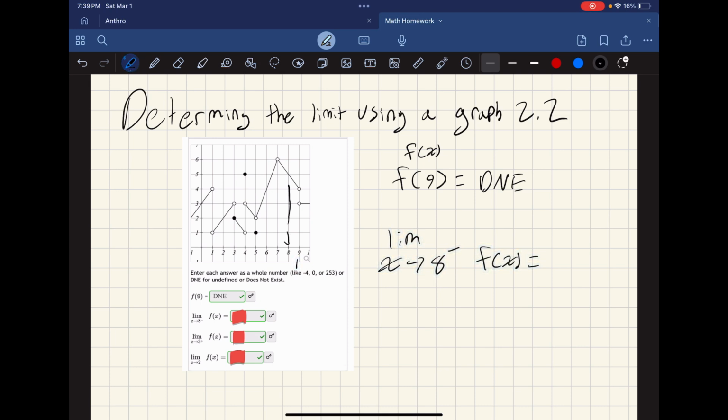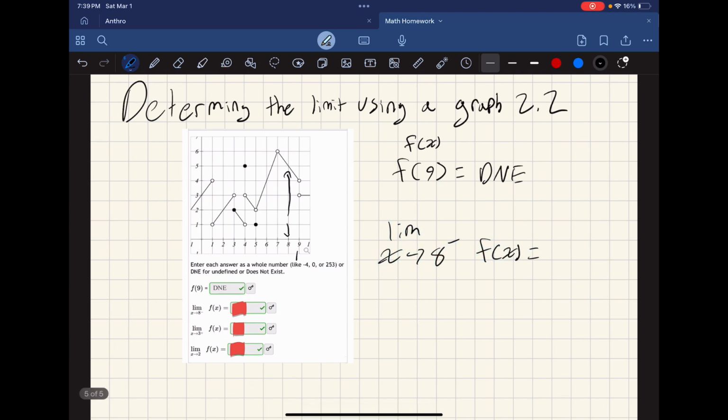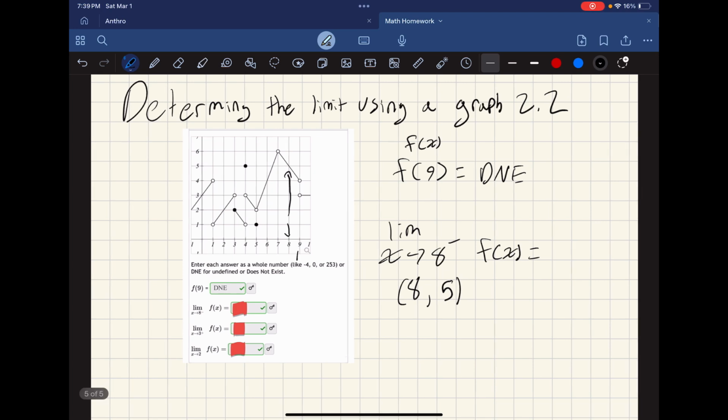We'll follow the line up and we'll see that the line passes through the point 8, 5. Since the line goes through our point, as x approaches the lower value of 8, f of x is going to equal 5.